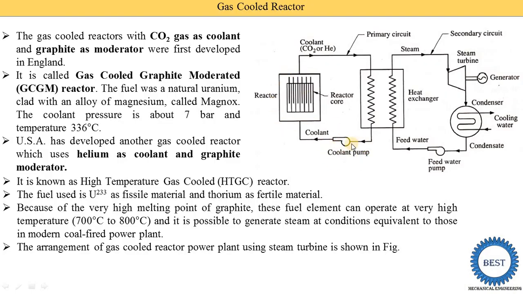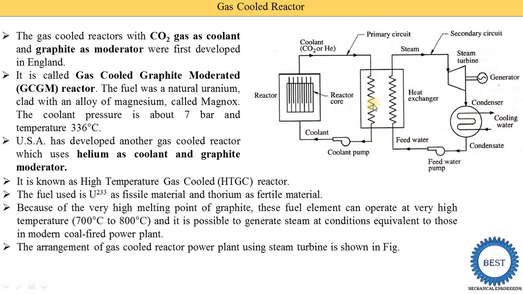By using this circulating device, CO2 gas or helium is supplied, either the England-based or the USA-based design. So we can use CO2 or helium as a coolant. Suppose we use CO2, then the CO2 is supplied to the reactor. The temperature of the CO2 is increased, then it is supplied to the heat exchanger.